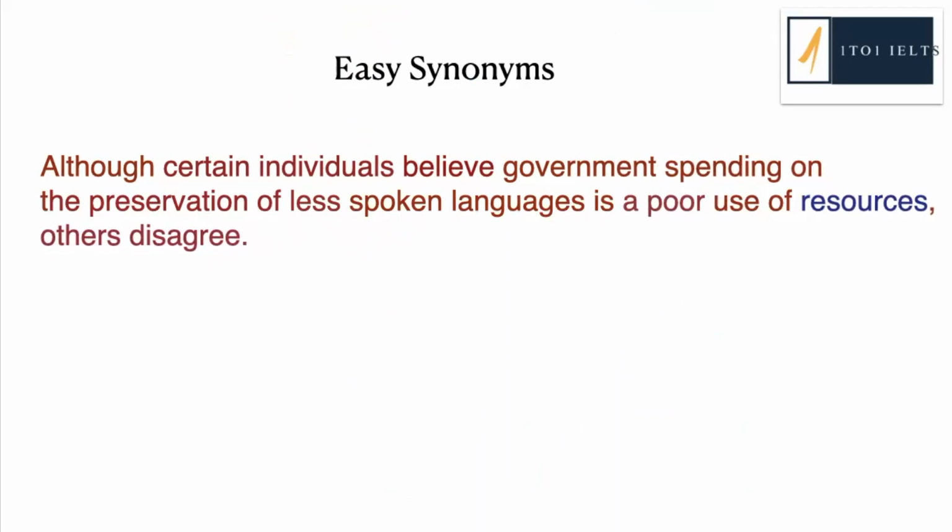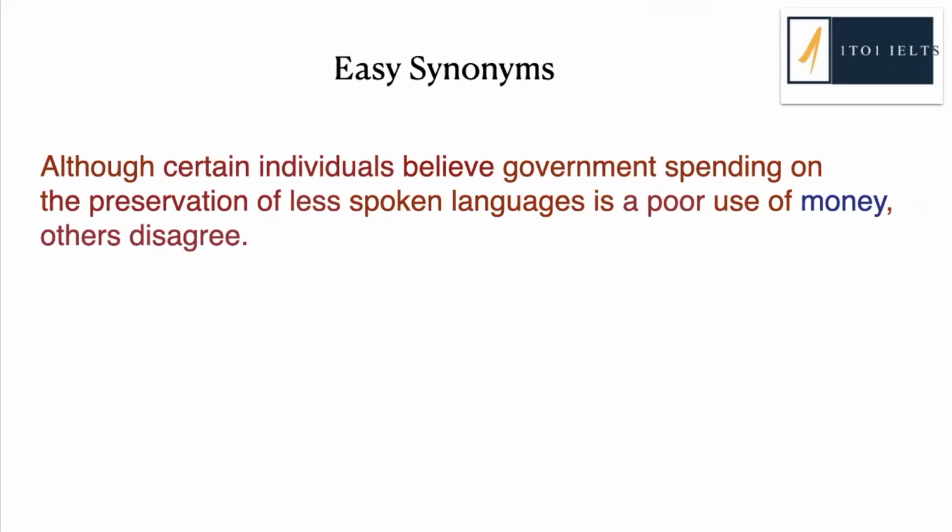And here it talks about a poor use of resources. The resources we're referring to here are government spending. So spending, those resources are simply money. And then when we get to the part where it says "others disagree," we came up with this language, so we don't actually need to paraphrase that at all.